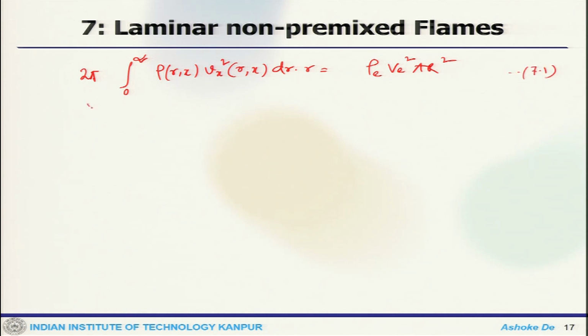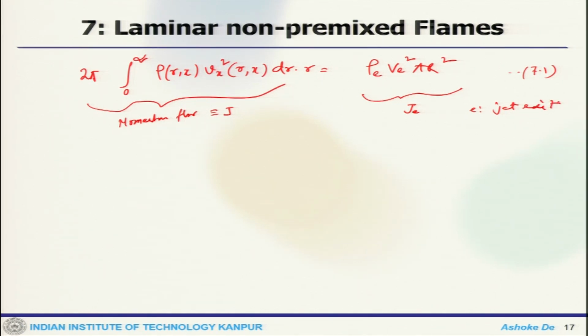Here this is the momentum flow of the jet at any x. One can define this as the momentum flow J, and this is the momentum flow issuing from the nozzle, J_e. Here E stands for the jet exit or the nozzle exit condition.